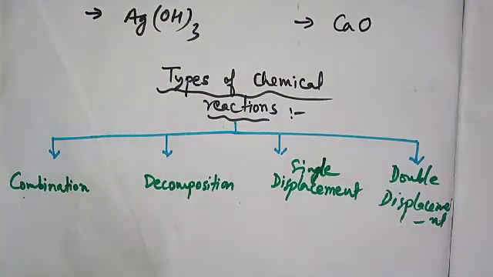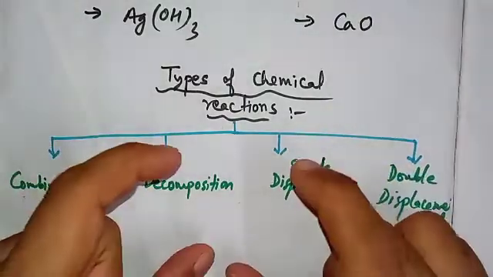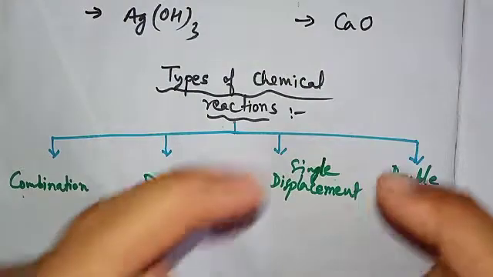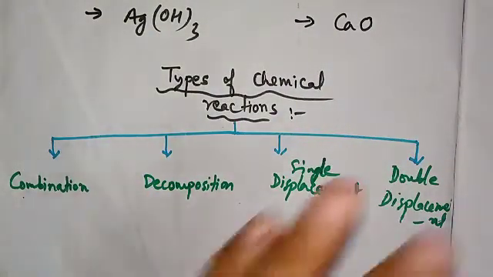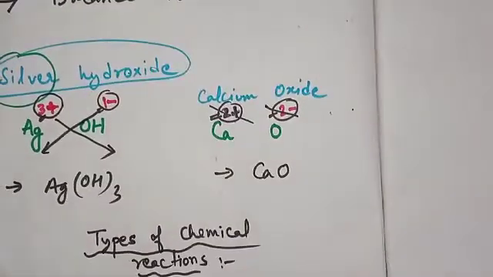The thing is that we have to identify which category the chemical reaction given to us, or which we are going to memorize, belongs to, okay? This is our motive. So let us try to understand these types with some simple examples.